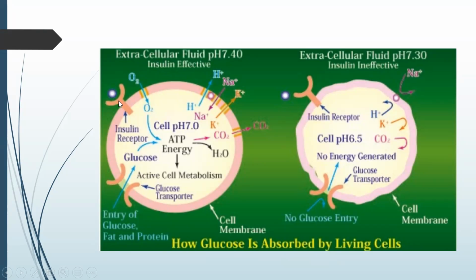You can see the receptor here. Once it receives the insulin, it will send the signal for the glucose, the fat, the protein to go in. With the oxygen here and also our reducing electron, all these nutrients, especially the glucose for the diabetic patient, will be converted into energy. This is because the cell can carry out cell metabolism.